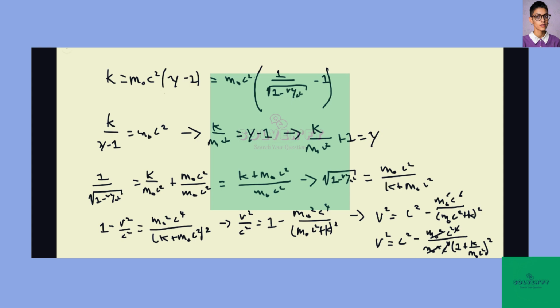Now, on a new sheet, we have v squared equal to c squared minus c squared over 1 plus K over m0c squared, squared.